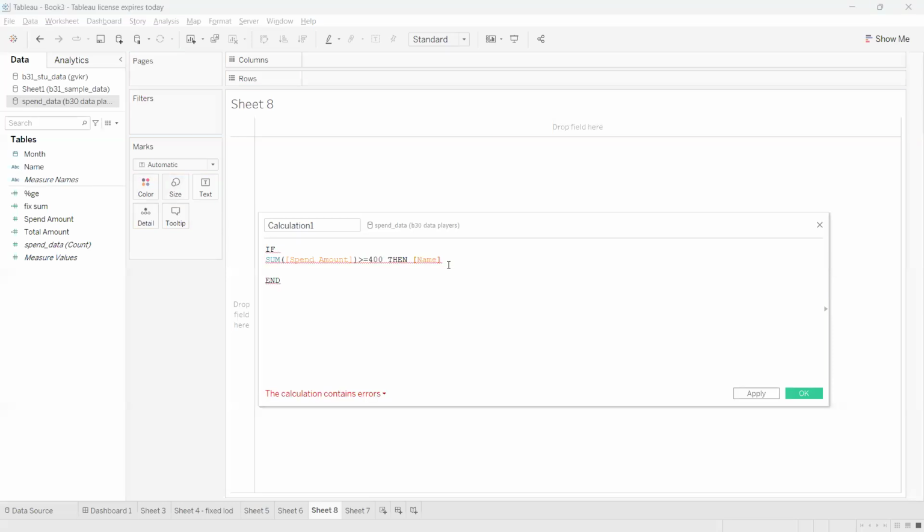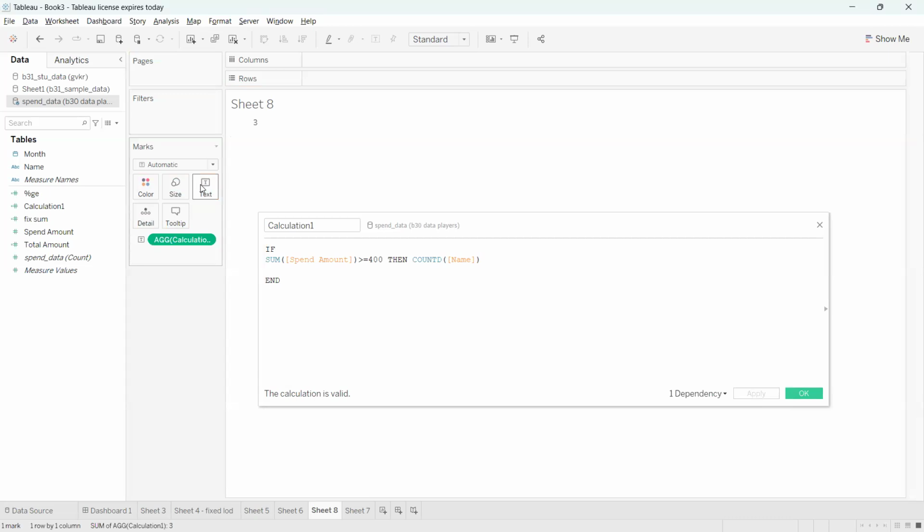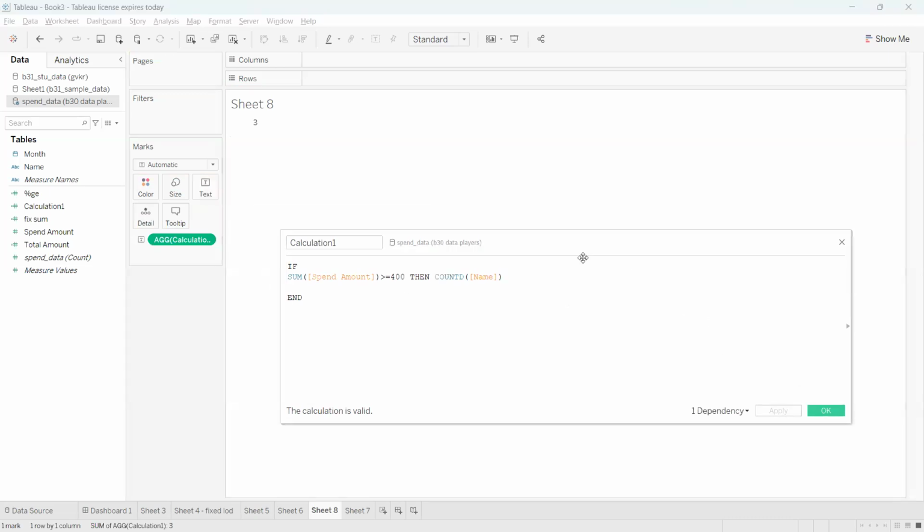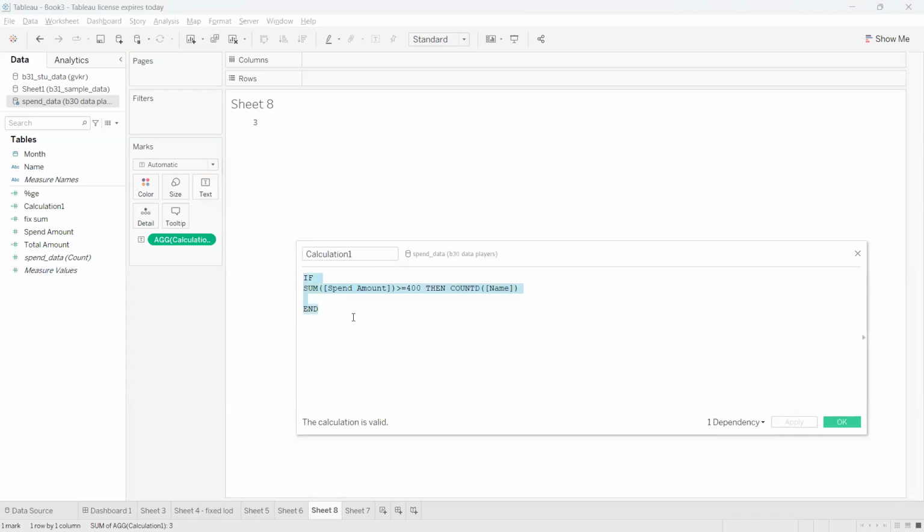Before name, you have to use the count distinct option. Just click on apply, and drag this into the text. Now you see what answer I am getting if I write this calculation.